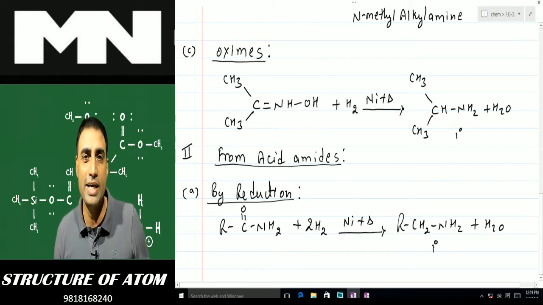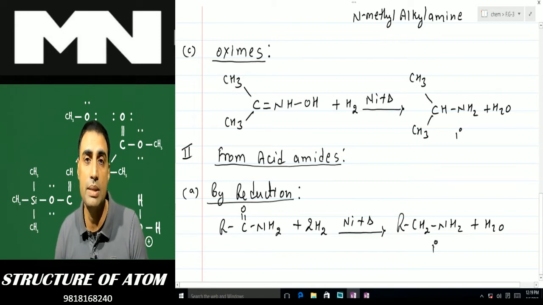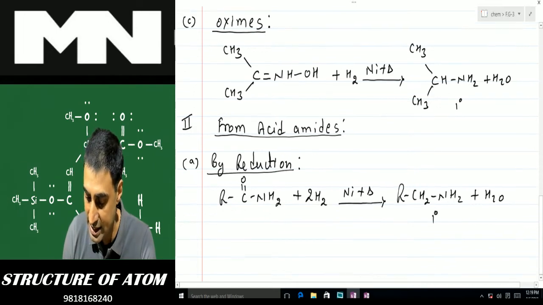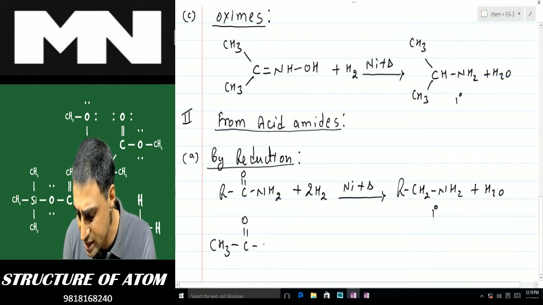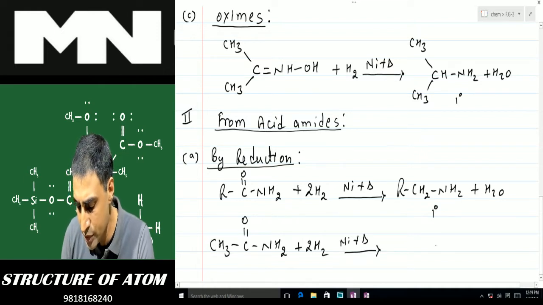Well, students, many a time a conversion is given to you. Kindly remember these things which I am telling you. Suppose you have to convert ethanoyl amide to ethane amine, simply do the reduction. I am writing that example here. Convert ethanoyl amide, CH3CONH2, to ethane amine: simply do reduction of this.